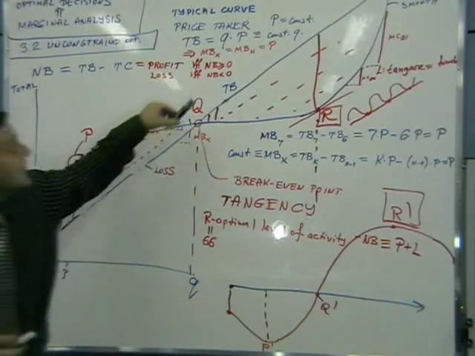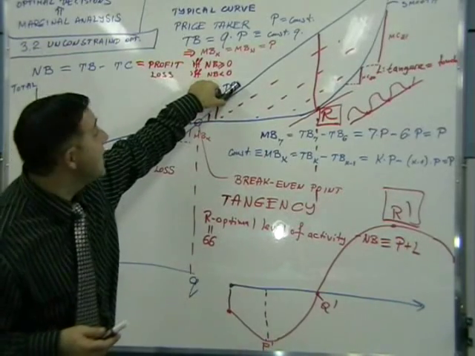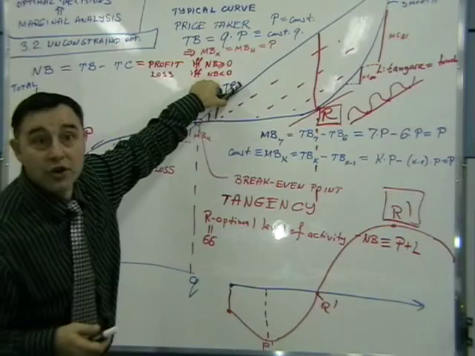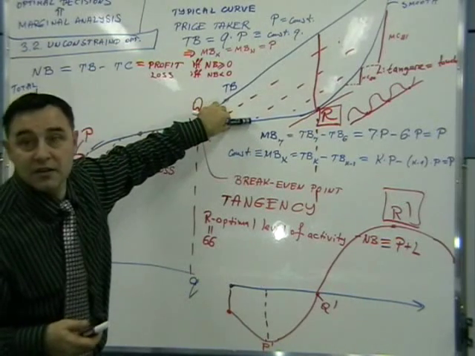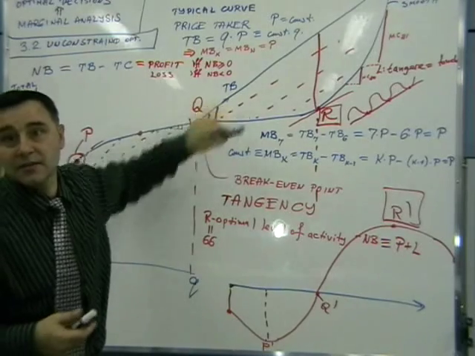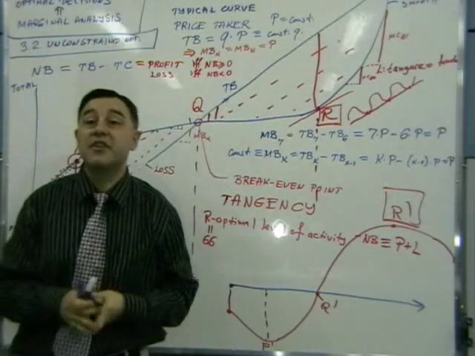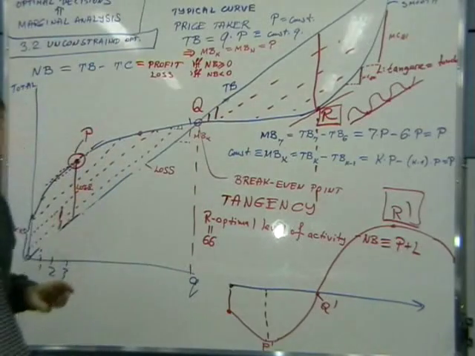In other words, as long as the slope of the total benefit is steeper than total cost. In other words, if each unit brings us extra net benefit.